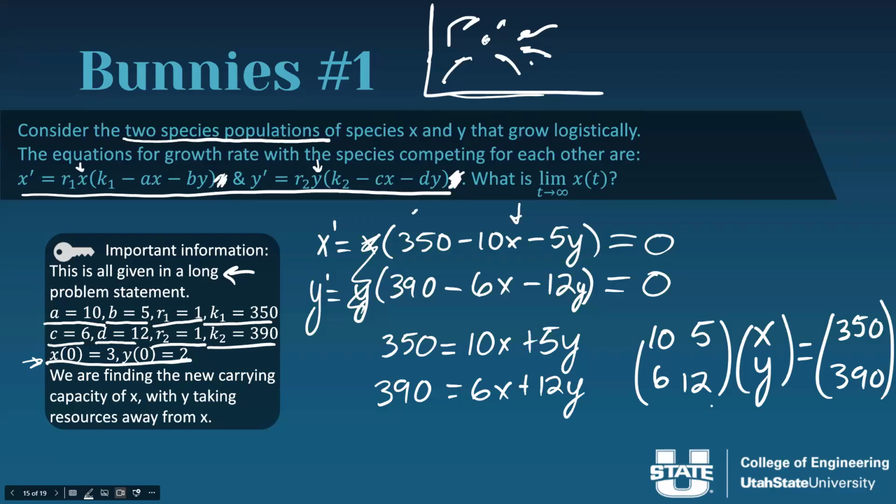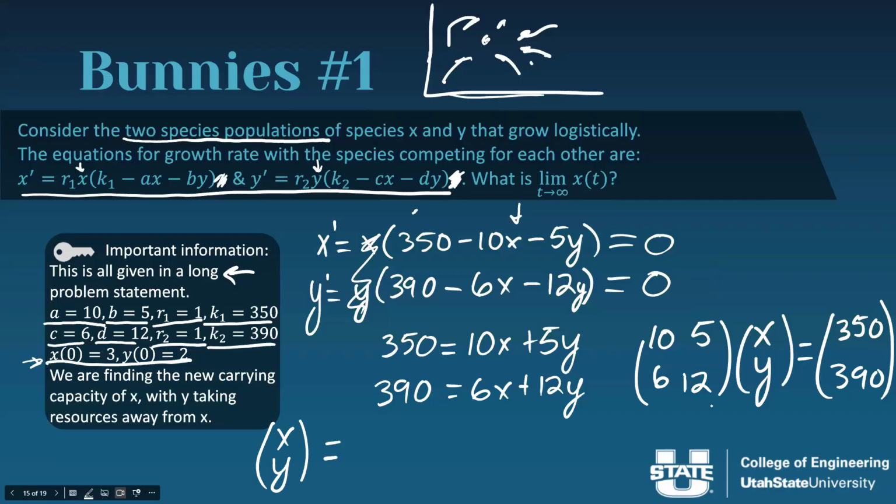And all we need to do is find x and y, which means all we need to do is find the inverse of this guy. And an inverse of a 2 by 2 is nicer. Yes, you could. So, first, we'll do my favorite method, which is finding the inverse.